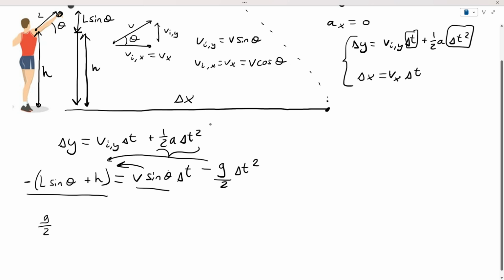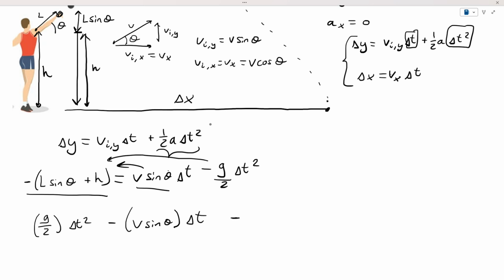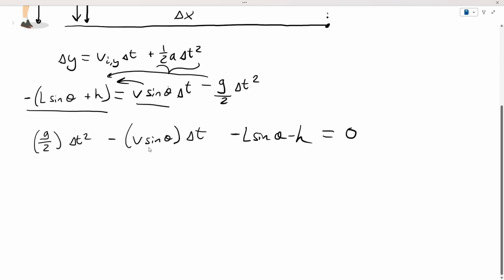So we get that g over 2 delta t squared minus v sine theta delta t minus L sine theta minus h is equal to 0. So now we can solve this quadratic equation with the quadratic formula, since we have the terms ax squared plus bx plus c equals 0. So we can solve for delta t, which is equal to minus b.